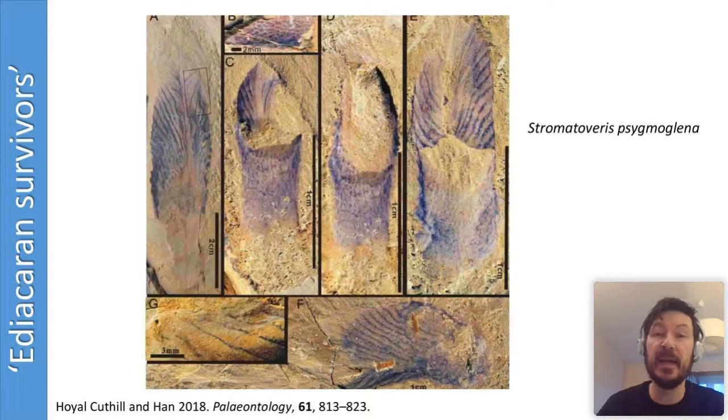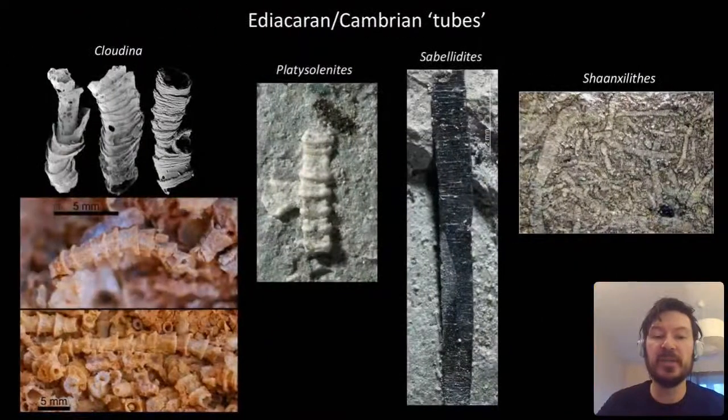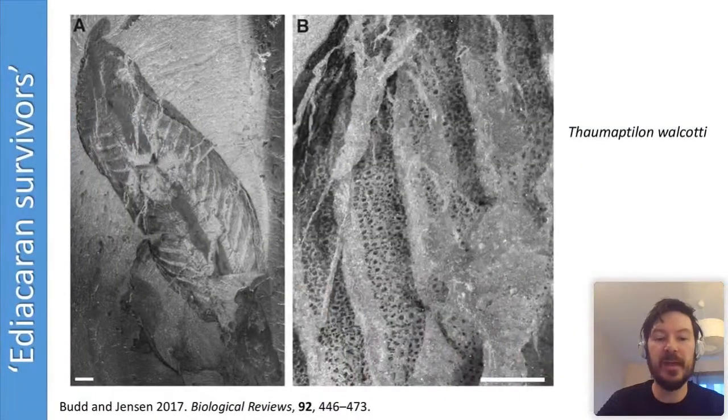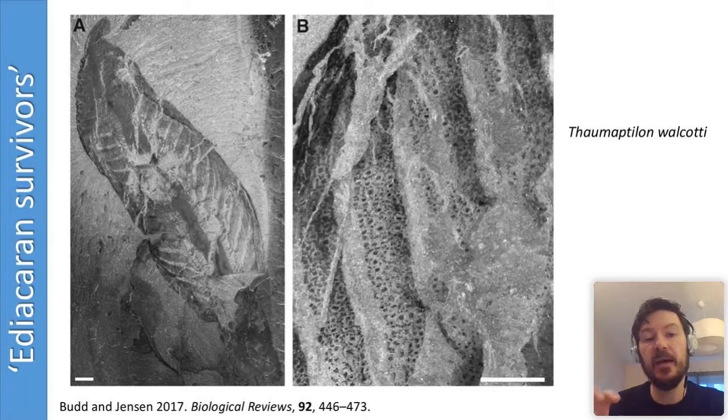These include things like the Cambrian fossil Stromataveris, which was recently redescribed by Jennifer Hoyal Cuthill and Jian Han as comparable to various Ediacaran frondose taxa, and also Thaumaptilon from the Burgess Shale, which has been compared to Ediacaran taxa like Charnia disca. So these taxa themselves don't strictly range across the boundary, but if we're generous, we can add them to the list of Ediacaran survivors. They look like hangovers from the Ediacaran biota.